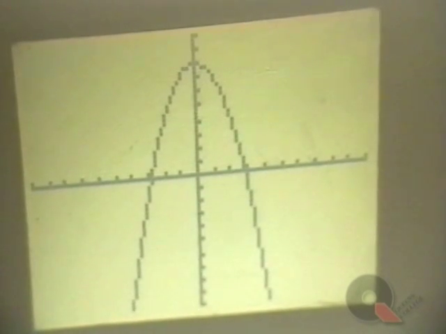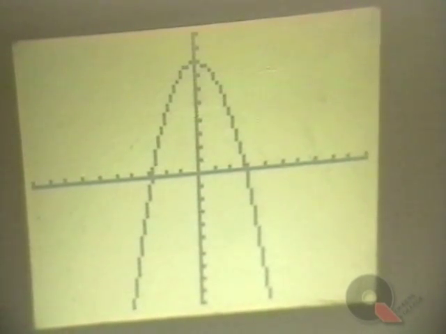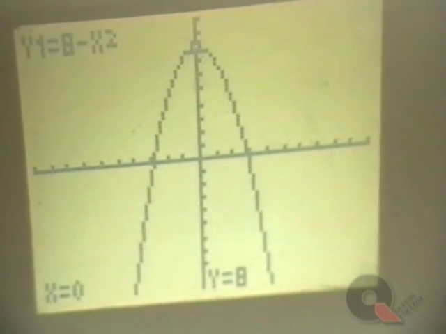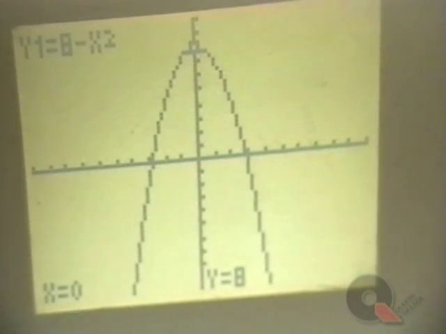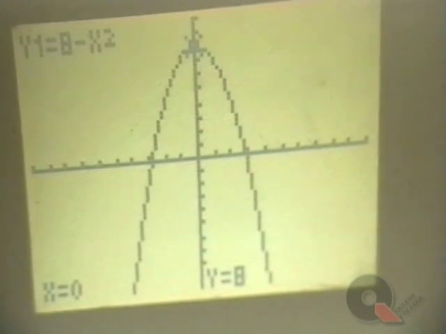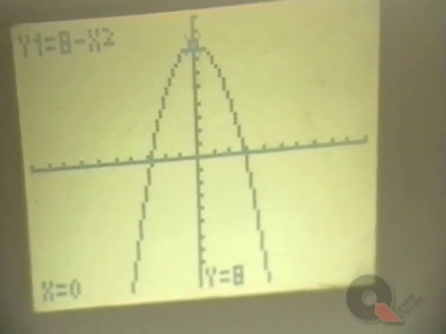Okay, now I'm going to press the trace button. It gives me a flashing mark at the point x equals 0, y equals 8. At the bottom of your graph, it shows that we're at the point x equals 0, y equals 8, and it tells me that the function is y1 equals 8 minus x squared.